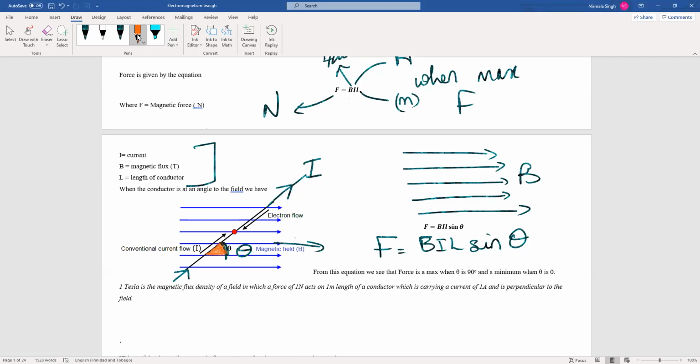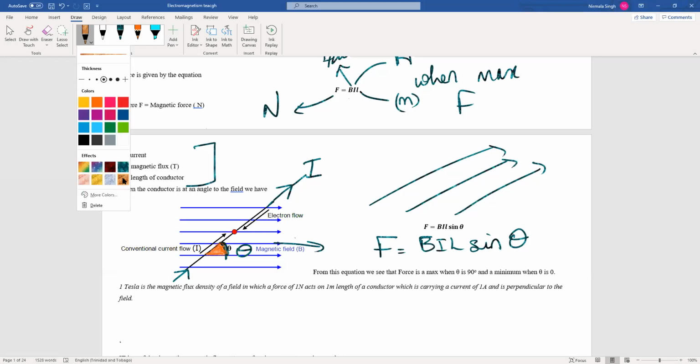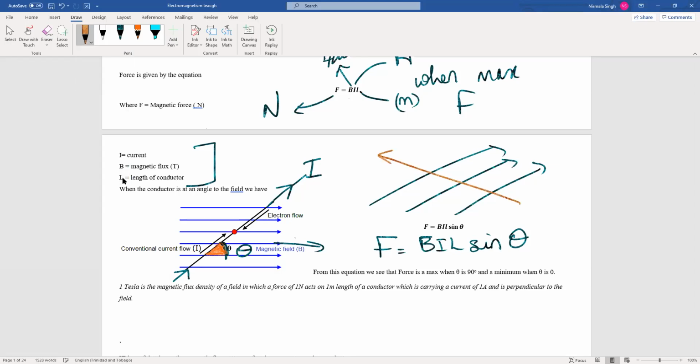The horizontal is a wrong word because suppose we end up having our magnetic field in different angles and different directions. Suppose this is our magnetic field, and suppose this is our current carrying conductor. You're going to have to work out the angle it makes with your field. So don't always just assume horizontal. You want to get the angle between your current carrying conductor, or your wire, and your magnetic field.